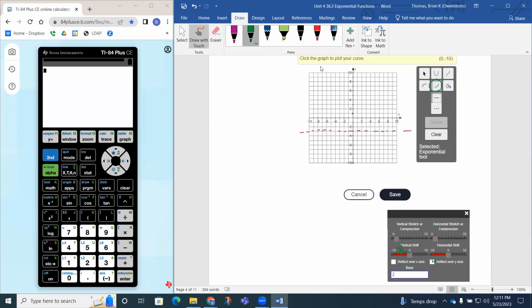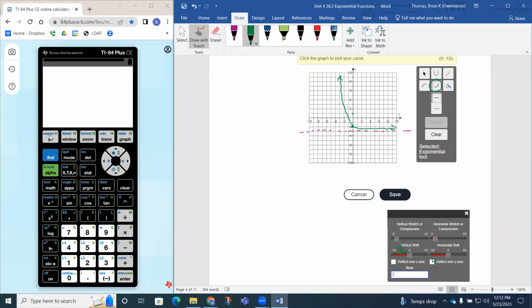The point that was at 0, 1 is going to be moved down 3. So that should be at 0, negative 2. That's going to be the new y-intercept. And this graph is reflected over the y-axis, so it should be coming down like this, and then it's going to approach that asymptote going to the right.